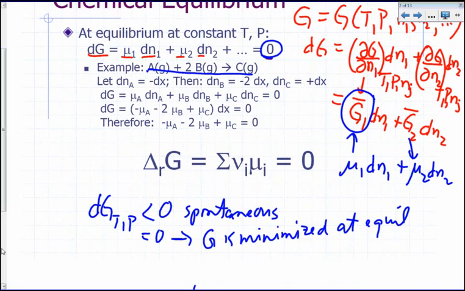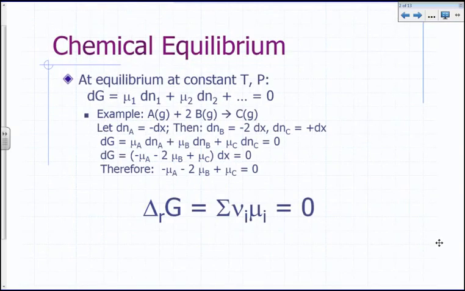A plus 2B gives you C. Let's imagine the reaction advancing by a small amount dx. What that means is that the change in the moles of A would be negative dx, because you're going to be losing A as the reaction proceeds forward. Because of the restrictions imposed by stoichiometry, for every mole of A you lose 2 moles of B, so the change in the moles of B has to be negative 2 times dx.